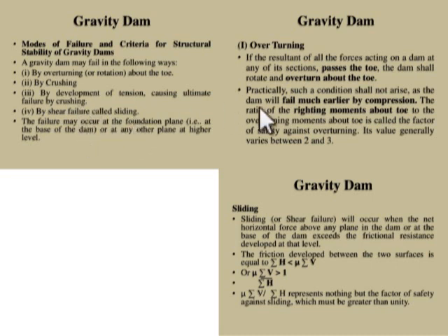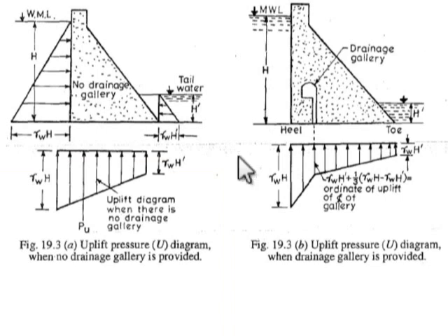Let's talk about these one by one. This is all about overturning failure. Overturning is nothing but rotation of a dam either about the toe or about the heel. This is toe and this is heel. If your leg is placed like this, here is your heel and here is your toe.